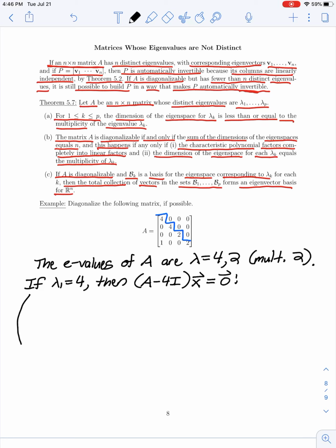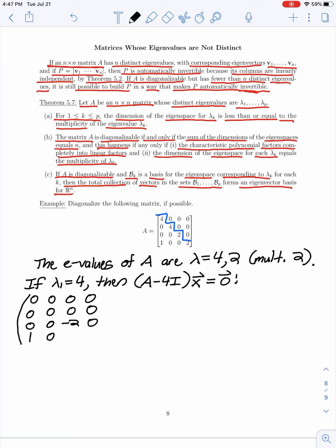So expressing this system as an augmented matrix, we have a 4x4 coefficient matrix where we're subtracting 4 from the diagonals of A. So our first row is 0, 0, 0, 0. Our second row becomes all zeros when we're subtracting 4 from the diagonal. And our third row becomes 0, 0, negative 2, 0.